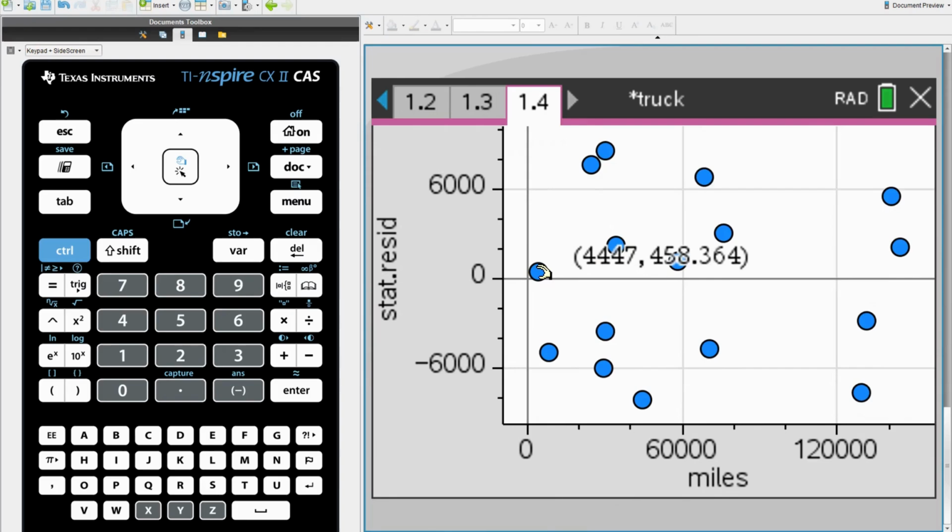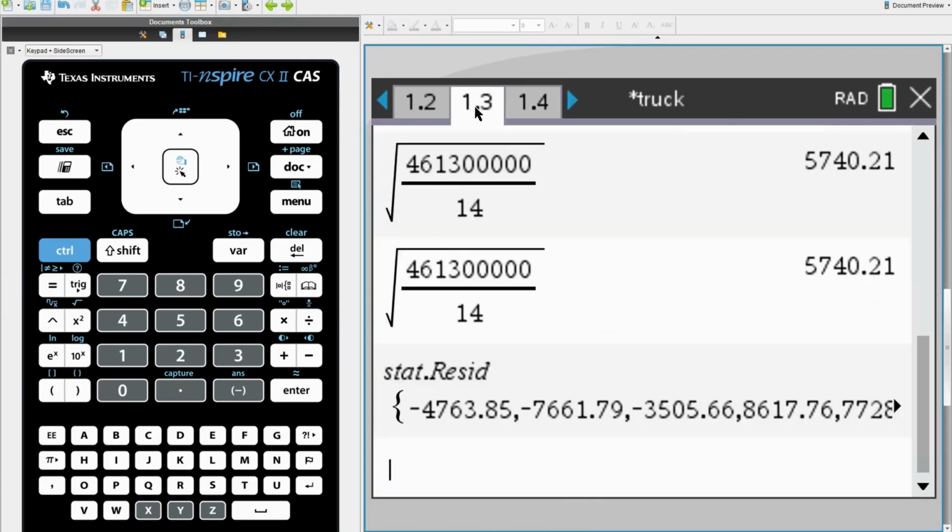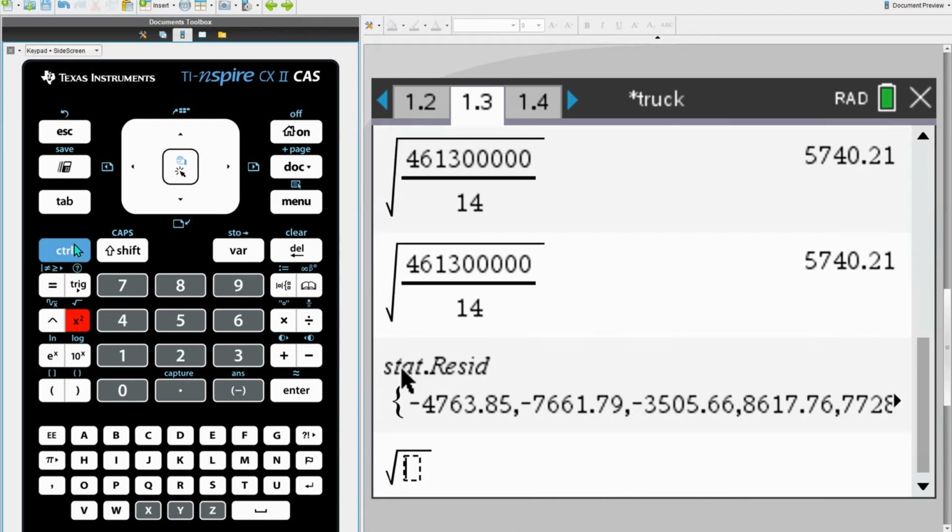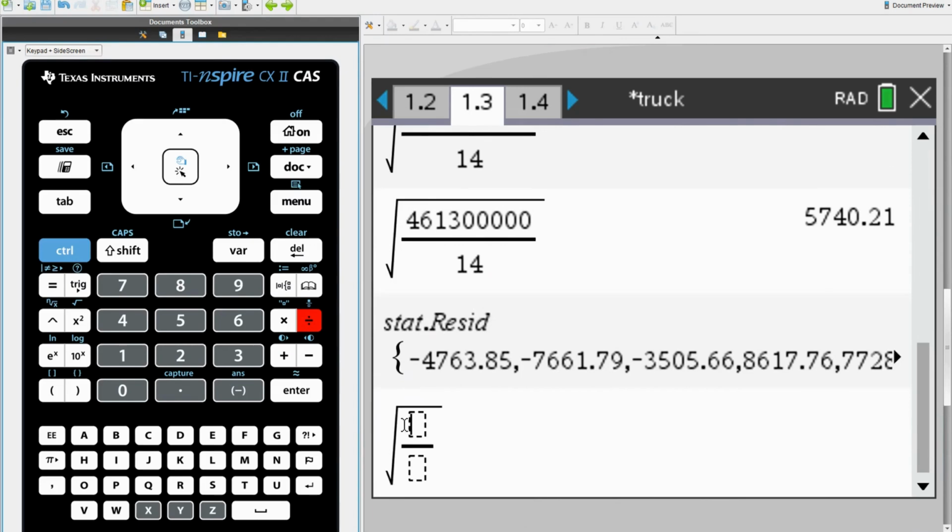Now, how about calculating the standard deviation of the residuals? Well, we remember that the formula for that was the square root, and above here we had the sums of the squares of the residuals.